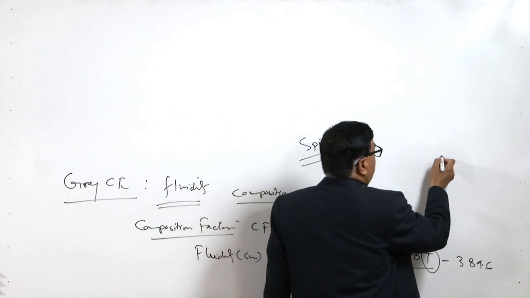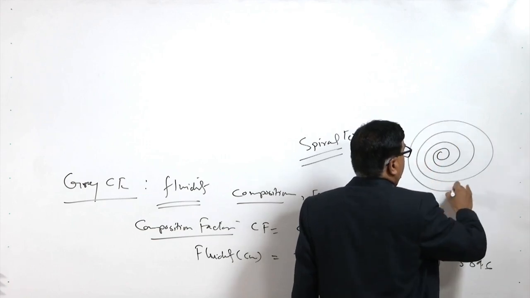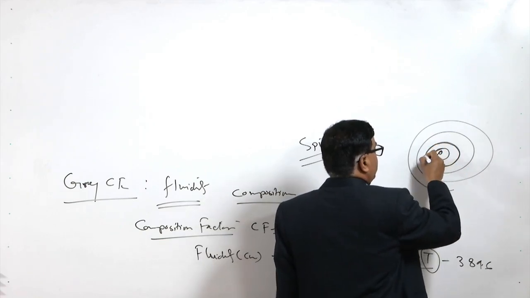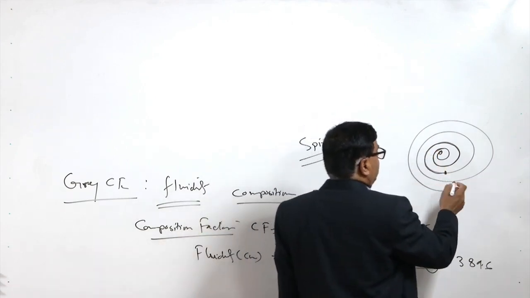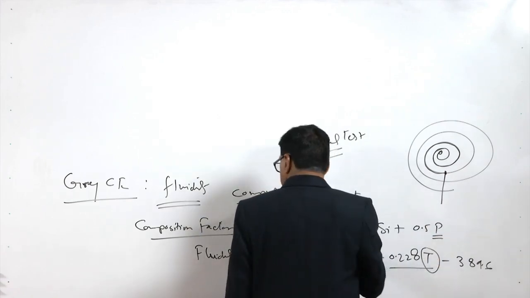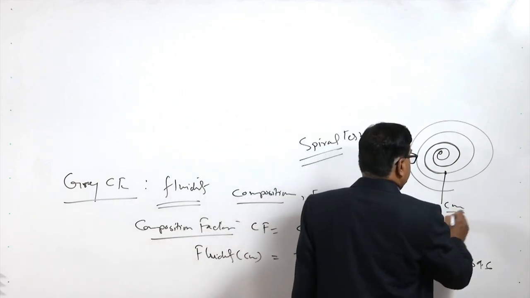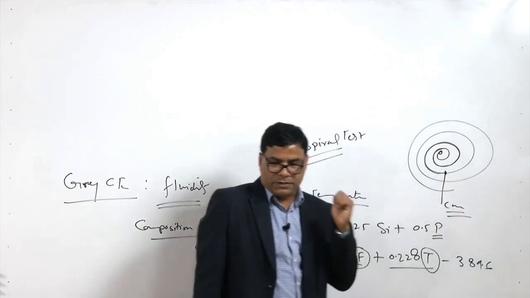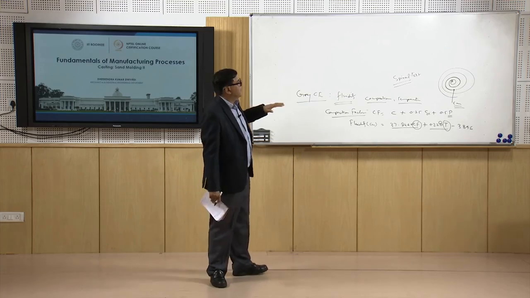In this test, a mold of a particular geometry is made in a spiral form and the molten metal is poured at the center, so that it flows into the mold following this path. Depending upon the fluidity, it will be able to cover a certain length. That length is used as a criterion to measure the fluidity, and it is measured in centimeters. The greater the length covered by the molten metal before solidification completes after pouring from a particular temperature, the higher the fluidity.